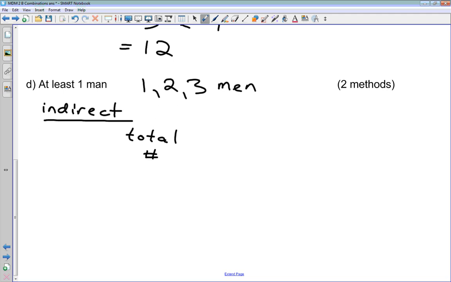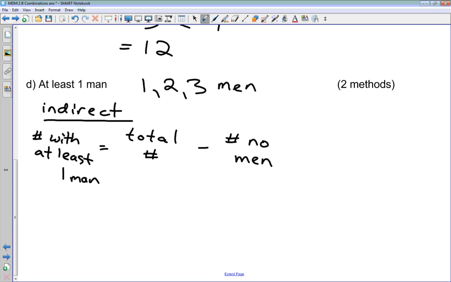We subtract the number that have no men. So if we take the number of possible committees we can make, and subtract the number that have no men on them, what we're left with are the ones that have 1, 2, or 3 men on them, or at least 1 man. Number with at least 1 man.